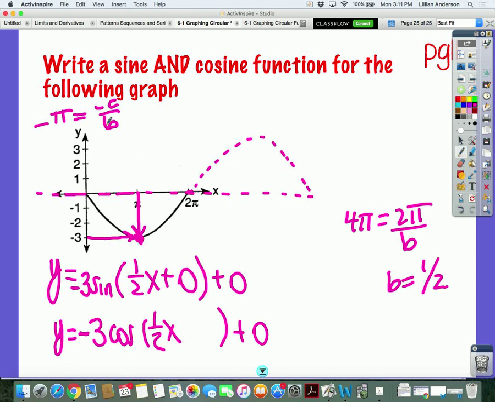Solve for C. What's B? 1/2. Solve this out. Solve for C.